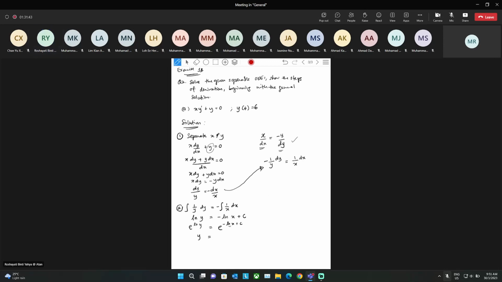Exponential negative ln x adalah 1 over x. Multiply exponential c. So yang ini I put as c. So y equal to c over x. So c over x here is your general solution.